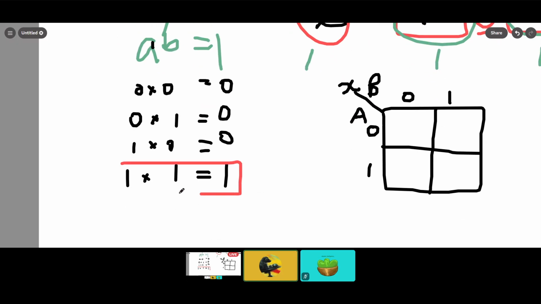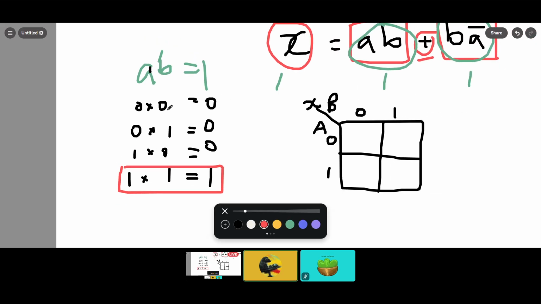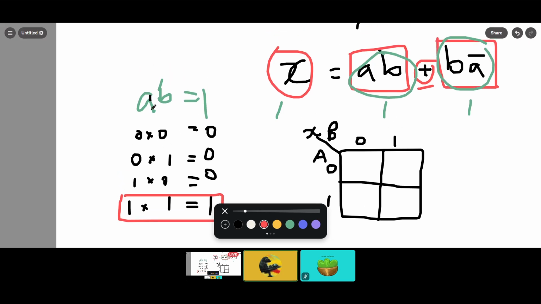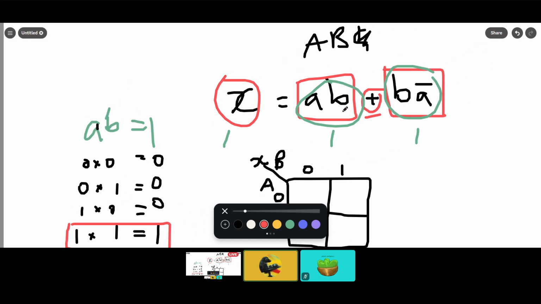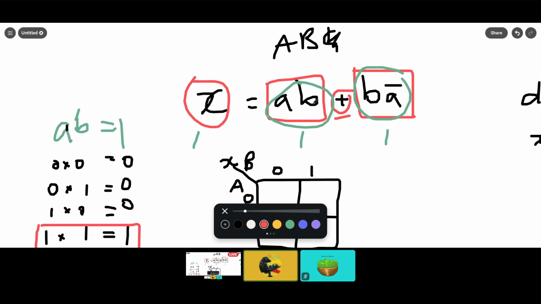There's only one case where A times B is 1, and that case is when A is 1 and B is 1. So we already know that A has to be 1 and B has to be 1. As such, when AB is 1, we know A is 1, B is 1.